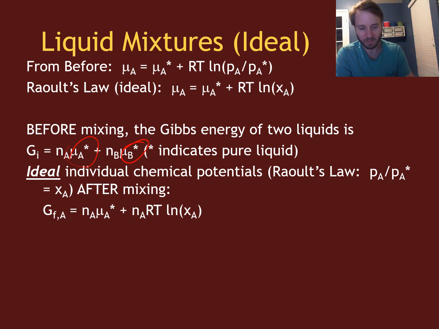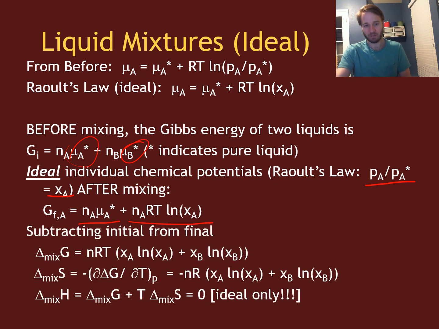Then after mixing, we're going to use Raoult's law, so that the chemical potential of A is just equal to the pure stuff plus the number of moles of A times RT times the natural log of the mole fraction of A, where I'm assuming Raoult's law to put that mole fraction in there.